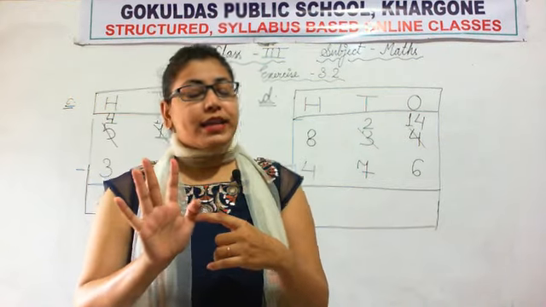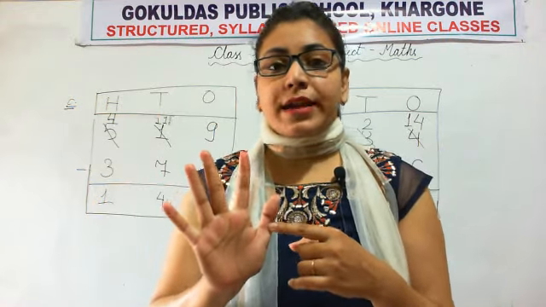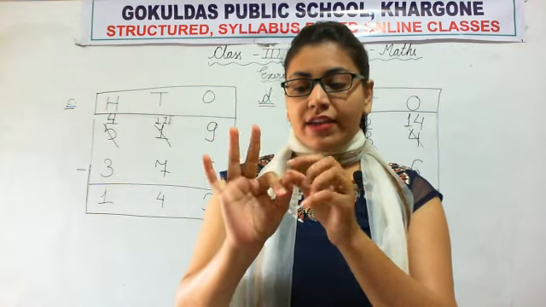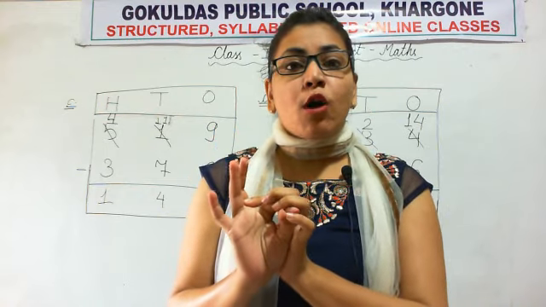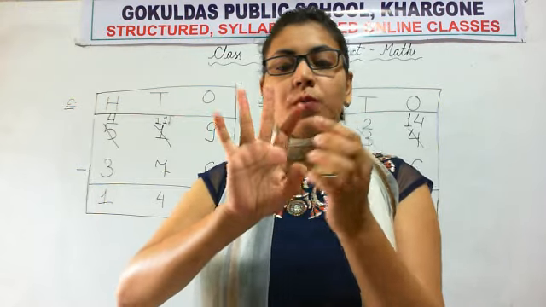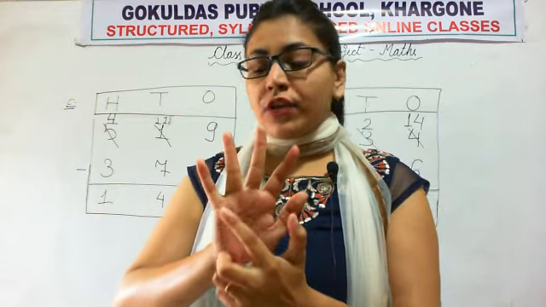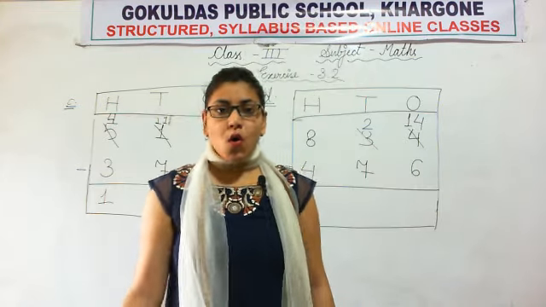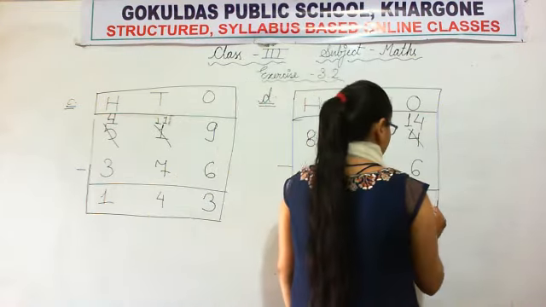Minus 6, so we count 6 times backward: 1, 2, 3, 4, 5 and 6. Now we count the remaining finger marks: 1, 2, 3, 4, 5, 6, 7, 8. 8 finger marks are left, so we will write the number 8.